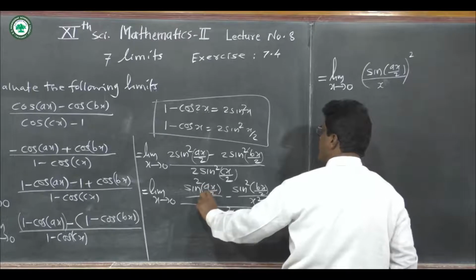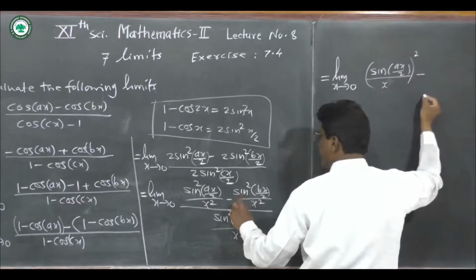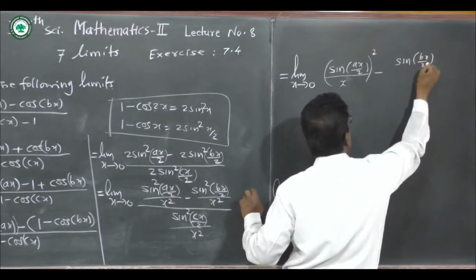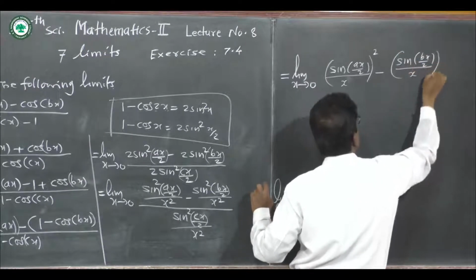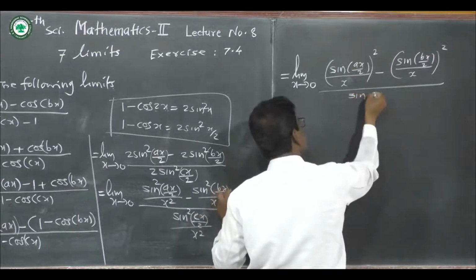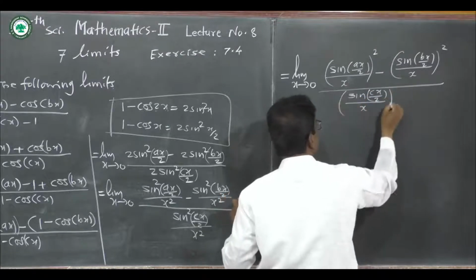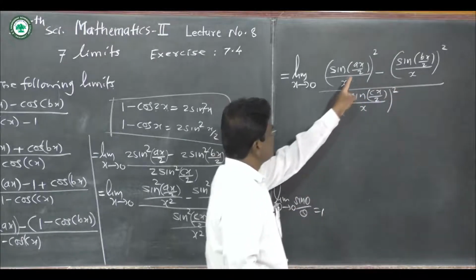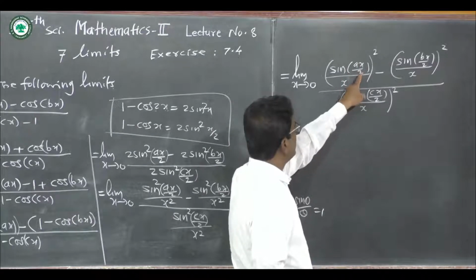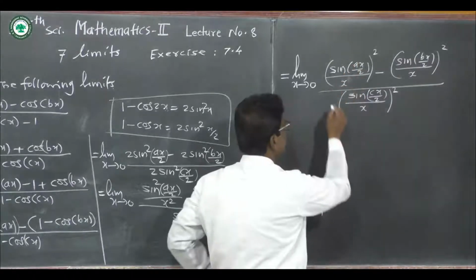Numerator square upon denominator square, we write numerator upon denominator bracket square, minus here also we write sine of bx divided by 2 and divided by x bracket square, and divided by here sine of cx divided by 2 and divided by x and whole square. Okay, now here ax divided by 2, angle of sine is ax divided by 2, but here only divided by x, so we want here a upon 2, so we take here a upon 2.